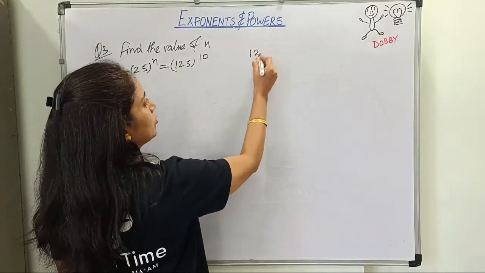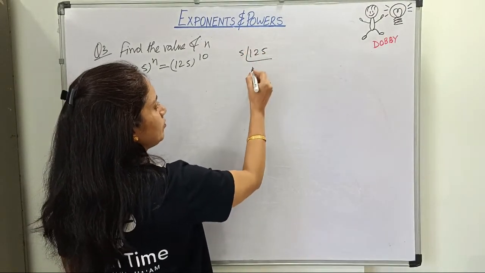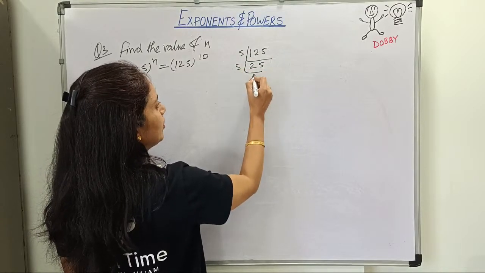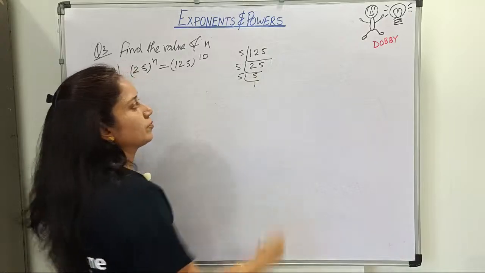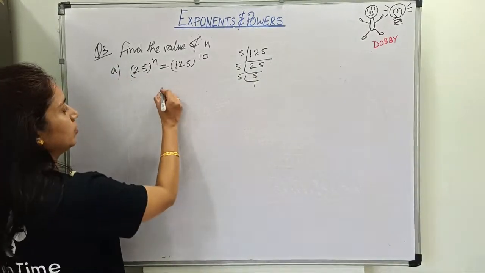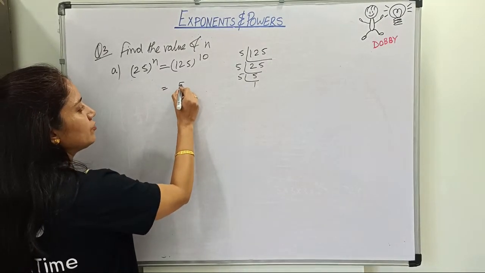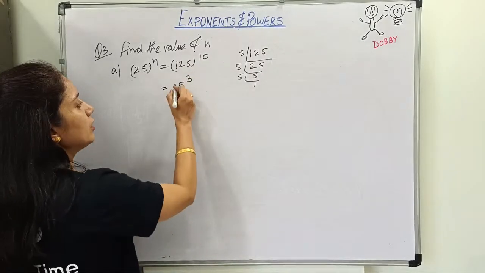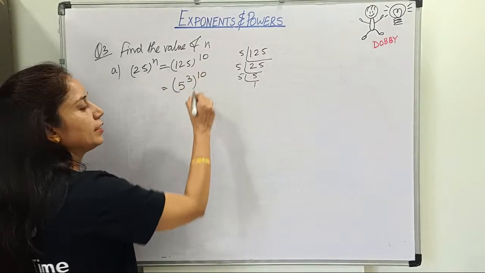Find the prime factors of 125. 5 2s are 10, 5 5s are 25, 5 5s are 25, 5 1s are 5. So it comes 5 three times. 125 can be written as 5 raised to the power 3 with outside power 10.